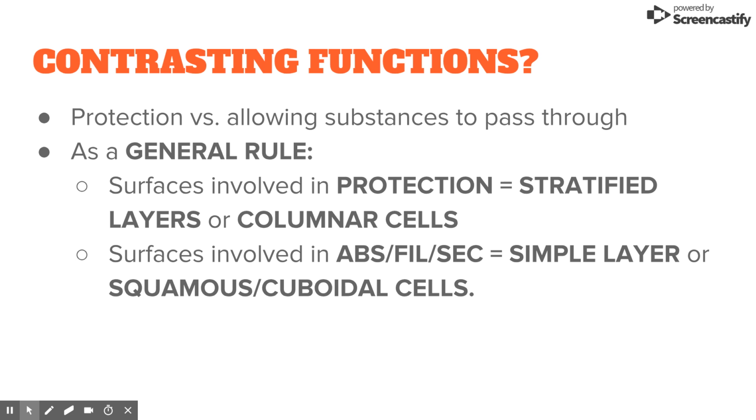So it would make sense that you have thicker either layers or thicker cells in general if you're trying to provide protection. And if you're trying to have absorption, filtration, or secretion, having a simple layer, a single thin layer, or squamous or cuboidal cells, that would also make sense, right?